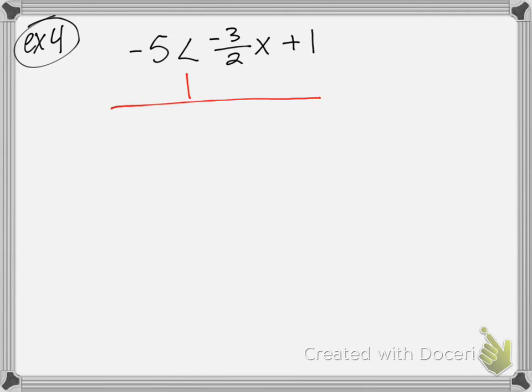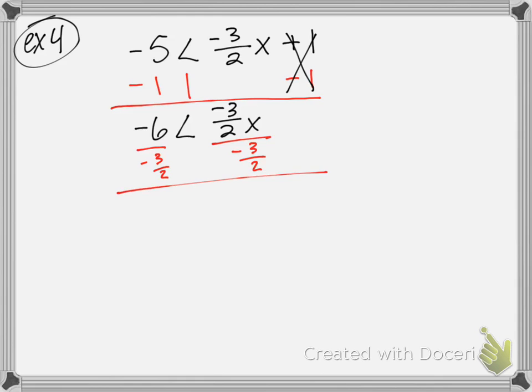Okay, so first I'm going to subtract 1. I get negative 6 is less than negative 3 over 2x. That cancels out. And then my next step, this negative 3 over 2 is being multiplied to the x. So I'm going to go ahead and divide by negative 3 over 2 on both sides. And that's a fraction within a fraction.